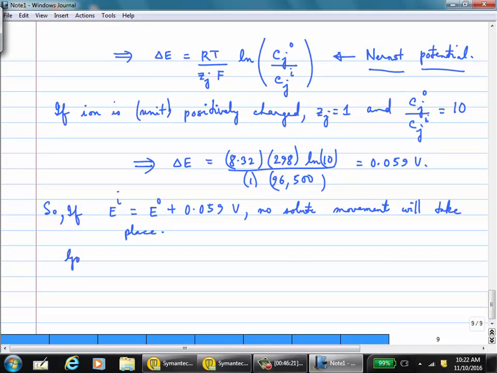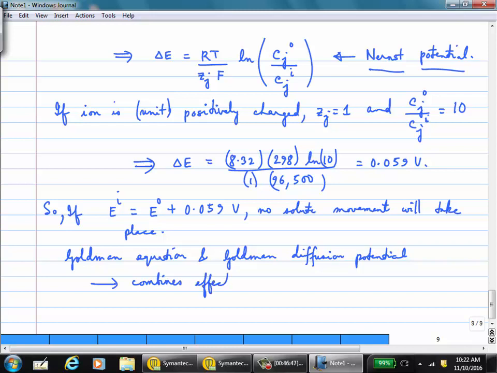The Goldman equation and Goldman diffusion potential actually combine the effect of different kinds of solutes. And that's of course going to be a much more massive calculation, and we are not even going to get into that.